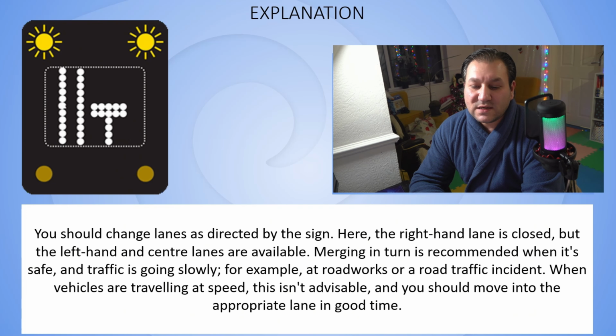You should change lanes as directed by the sign. Here, the right-hand lane is closed, but the left-hand and center lanes are available. Merging in turn is recommended when it's safe and traffic is going slowly, for example, at roadworks or a road traffic incident. When vehicles are traveling at speed, this isn't advisable and you should move into the appropriate lane in good time.